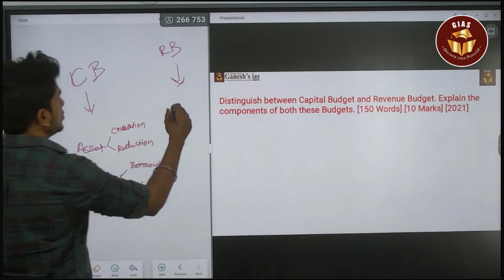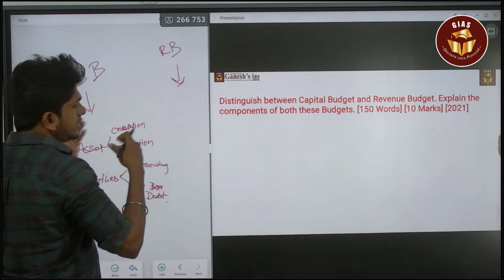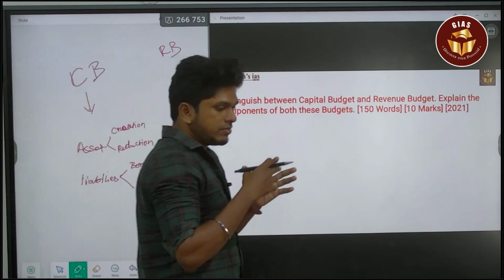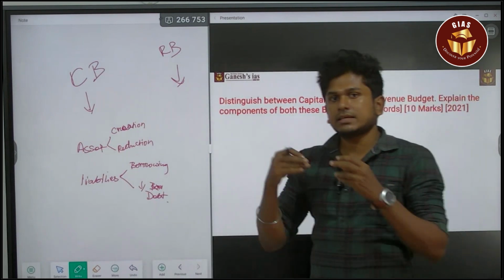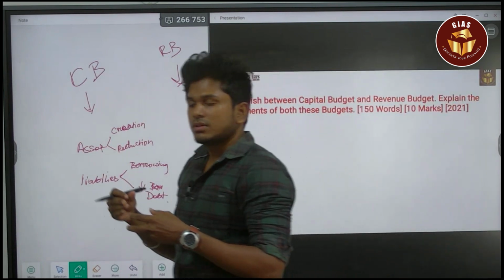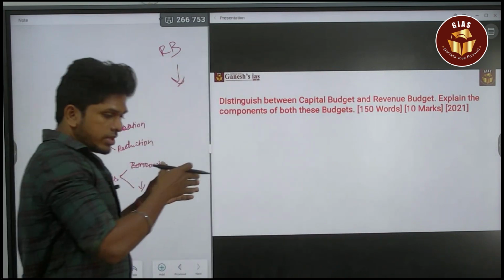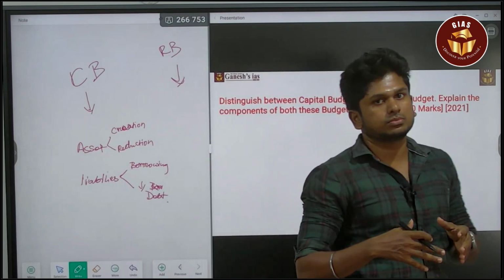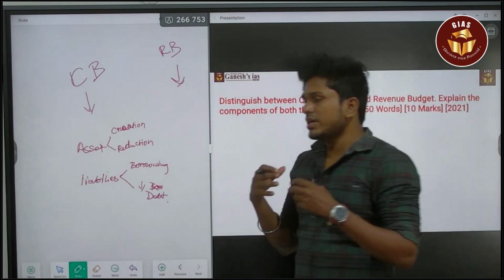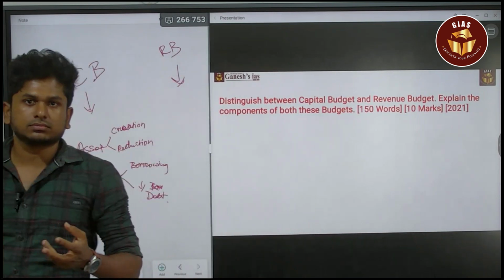When it comes to the revenue budget, you can say it is other than assets and liabilities, so it will be a revenue receipt or a revenue expenditure. When it comes to the distinguish part, you have to connect it to the second part of the question and explain that also. Only that way can you distinguish between the capital budget and the revenue budget.